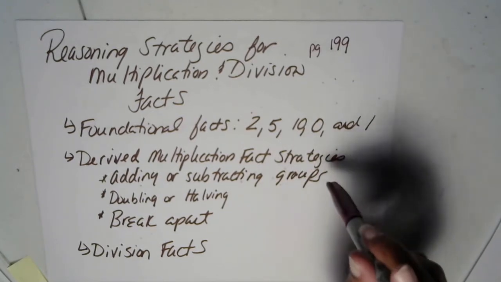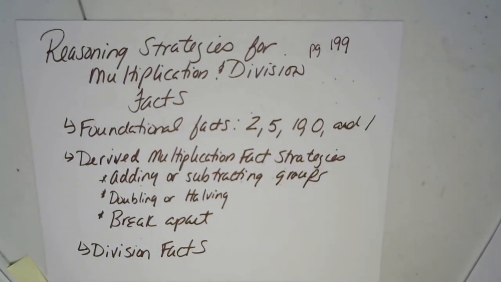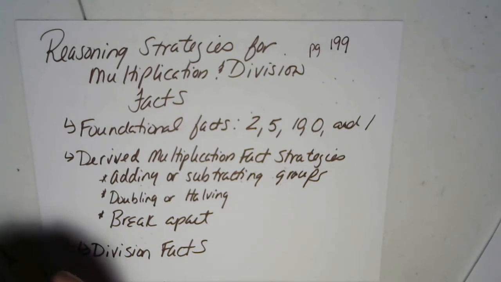Derived multiplication fact strategies. You want to help students come up with some strategies for attacking their math facts. So one of those strategies is adding or subtracting groups. This strategy can generate many other facts. For example, all 3's facts can be thought of as something times 2 and 1 more.